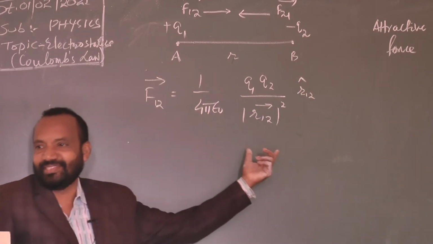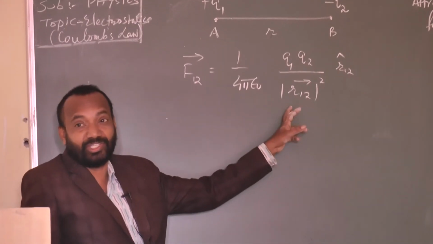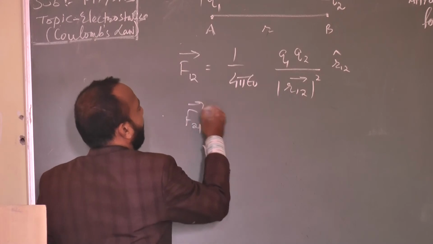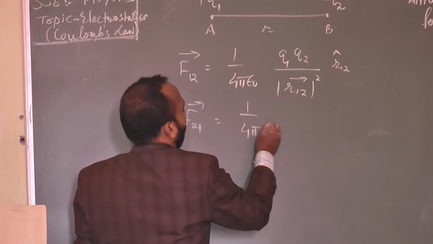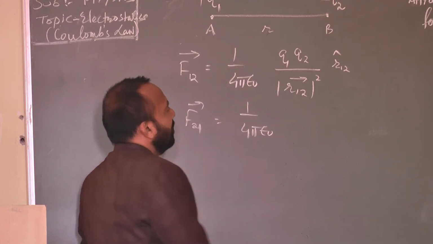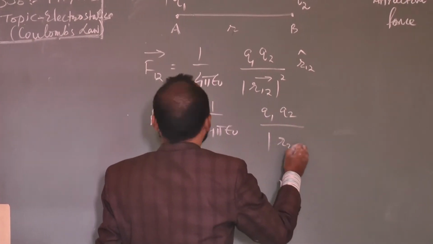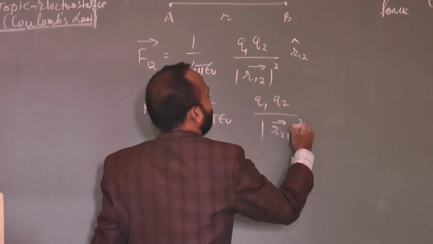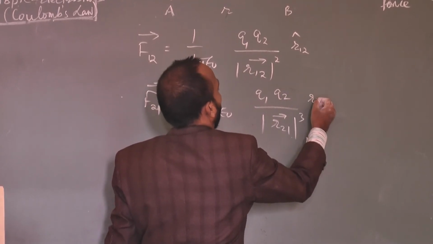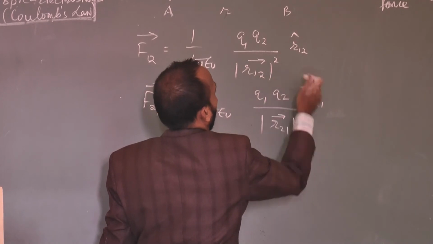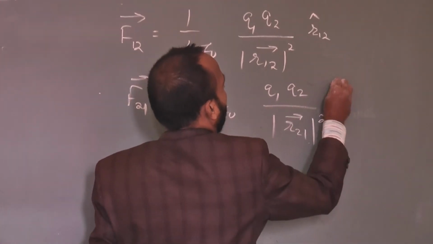The expression of the distance changes here. And similarly for F21, I can write 1 by 4 pi epsilon naught, Q1 Q2 divided by R21 whole square, R21 cap.